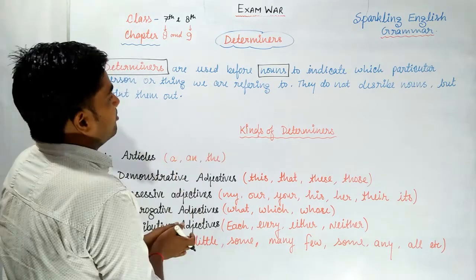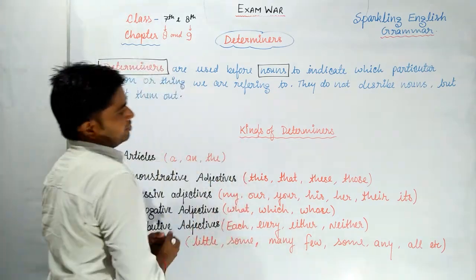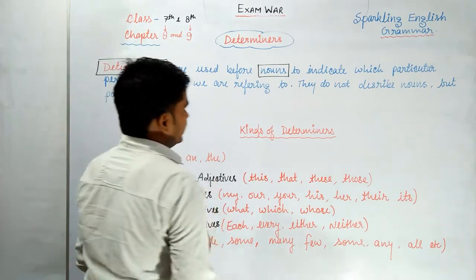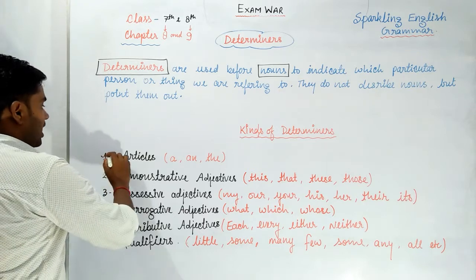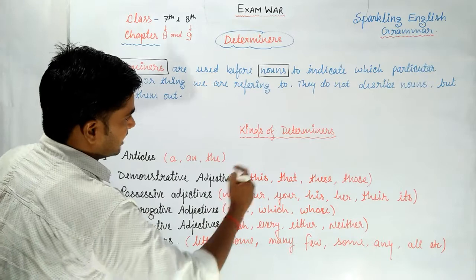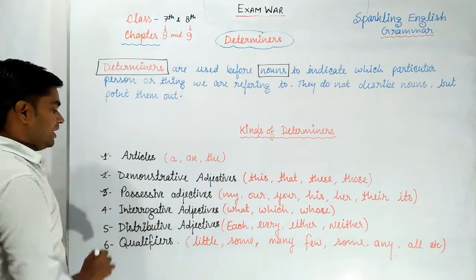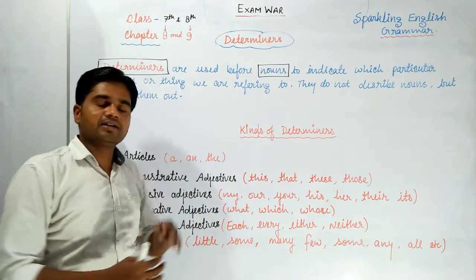Now let's come to the main point. What are the types or kinds of determiners? My dear students, determiners are of 6 types. Articles. Number 2, demonstrative adjectives: this, that, these, those. Number 3, possessive adjectives: my, our, yours, his, her, their, its.